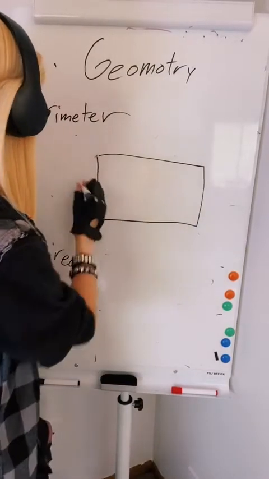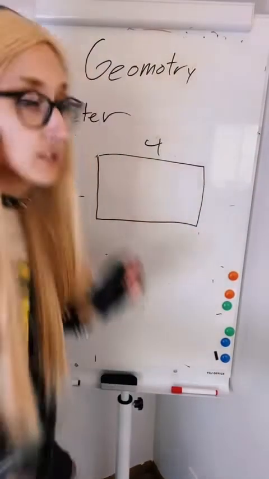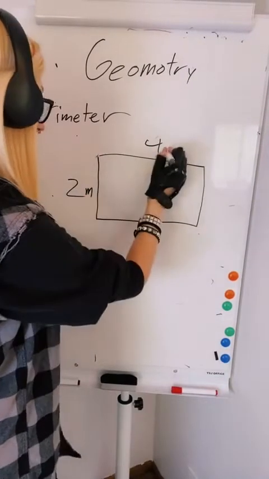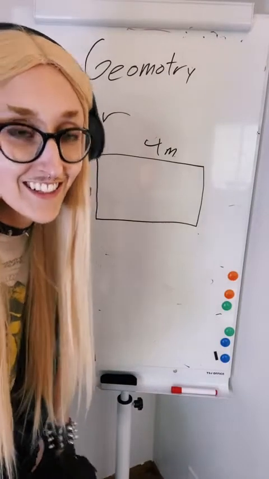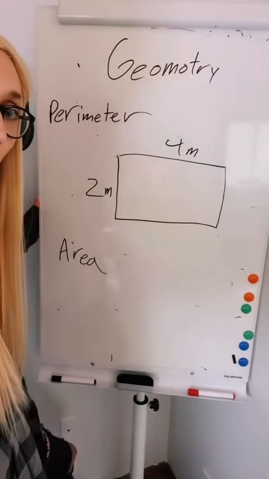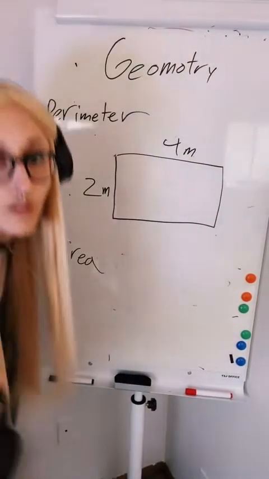We'll apply some things to it. Let's just say it's 2 by 4, because that makes my life super easy. We're going to add some measurements to it because it should have measurements. We'll do meters because I hate the filthy imperial system. All right. Are we in this view? That's a little better. Okay, my dears.